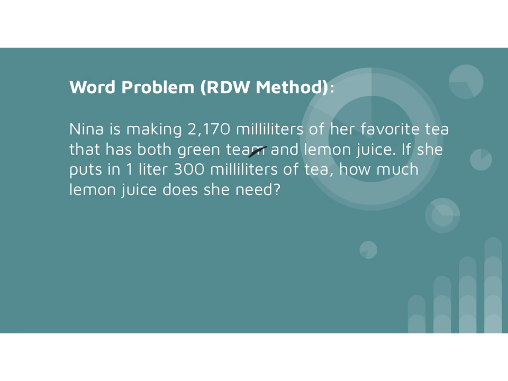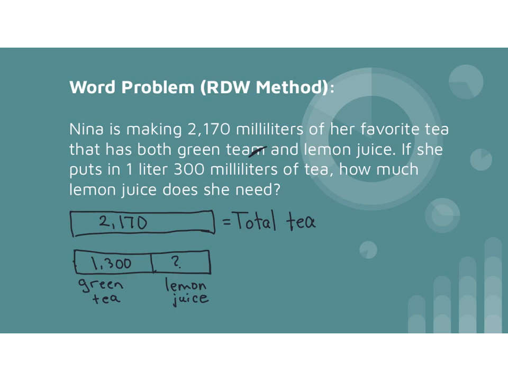So let's first draw a tape diagram. Okay, so we're trying to find out how much lemon juice she would need to add to make her total tea 2,170 milliliters.